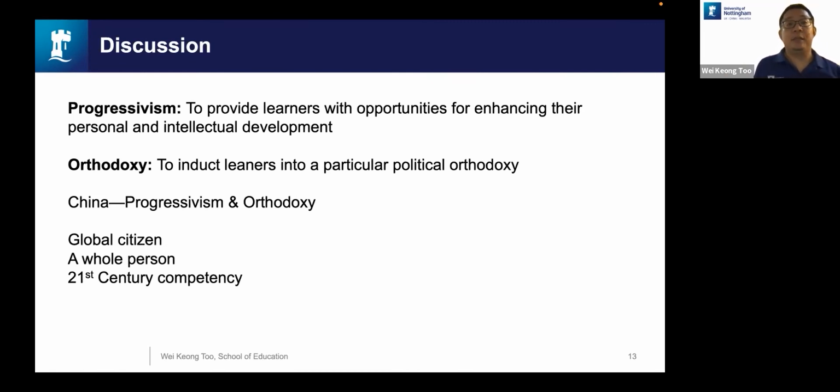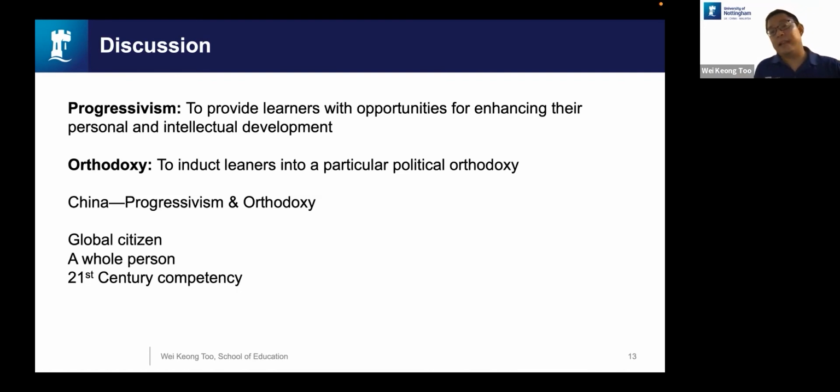Most of the countries would like to provide learners with opportunity for enhancing their personal and intellectual development. They don't specifically talk about future employment, but they talk about personal and intellectual development so that they can keep up with the world, progressive.